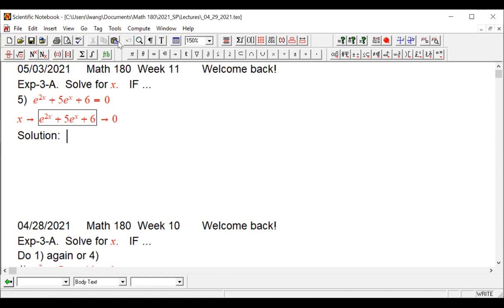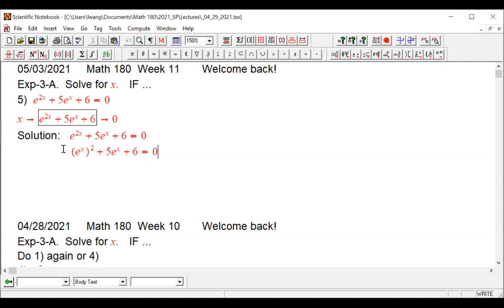From what we have, if this is 0, and we factor, we will write e to the power of x, squared, plus 5 times e to the power x, plus 6 equal to 0.